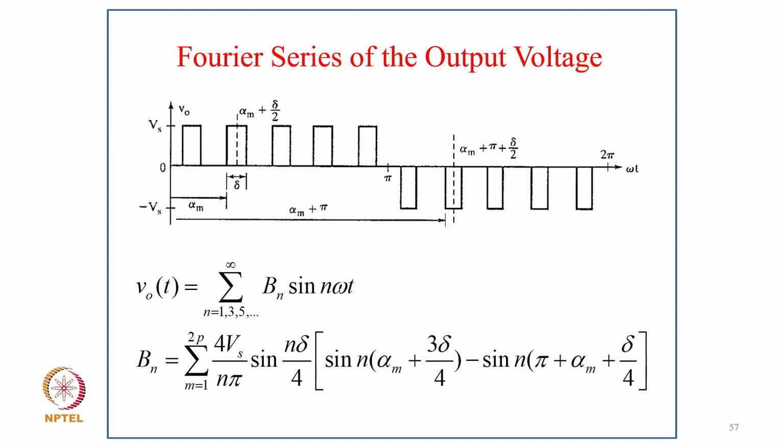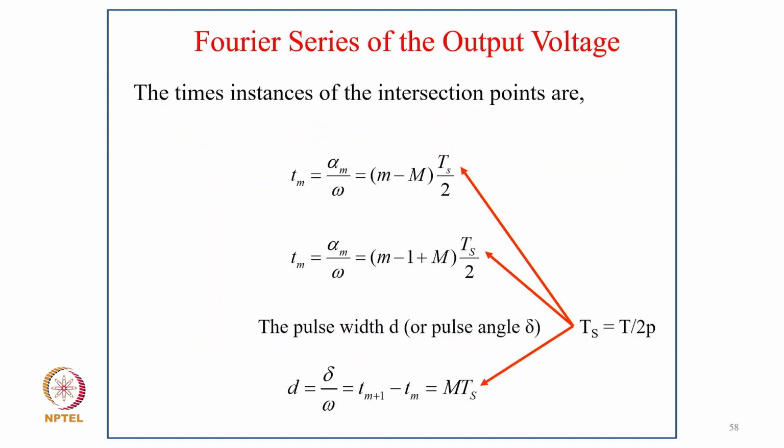From this, the Fourier series of the output is V_O equal to the sum over odd harmonics n equals 1, 3, 5 to infinity of Bn sin n omega t, where Bn equals the sum over m equal to 1 to 2p of Vs upon n pi sin(n delta by 4) in bracket sin(n alpha m plus 3 delta by 4) minus sin n(pi plus alpha m plus delta by 4).